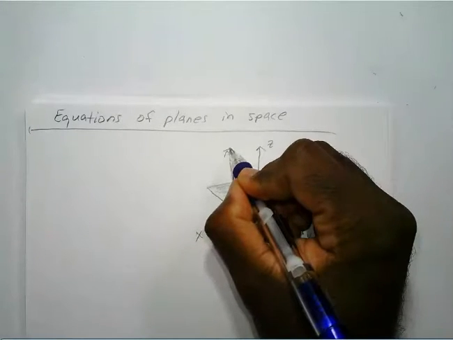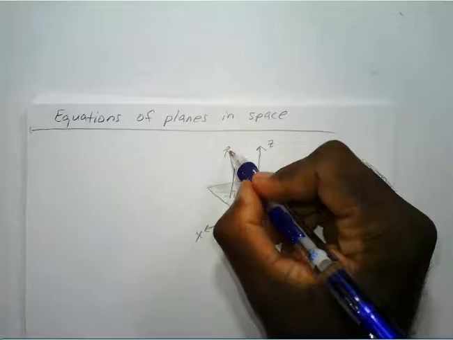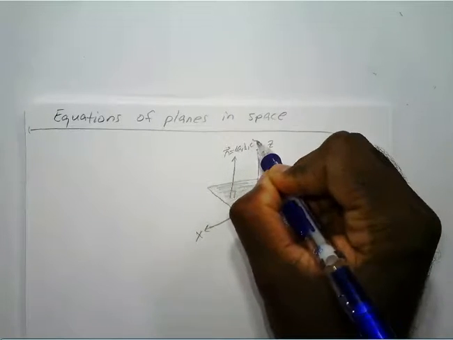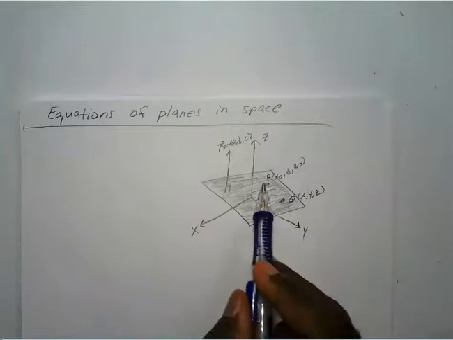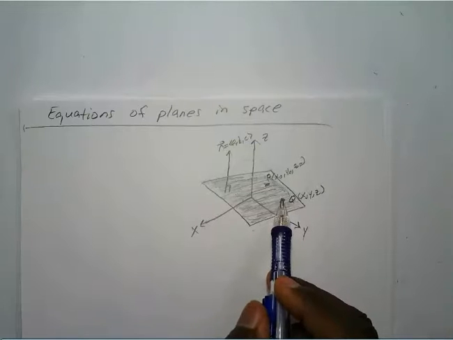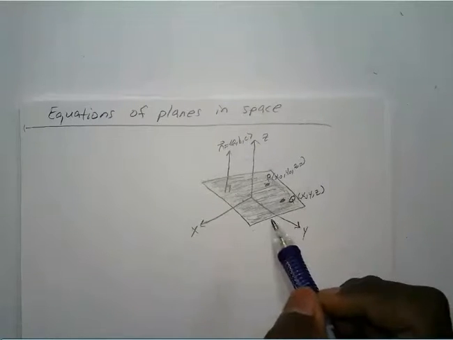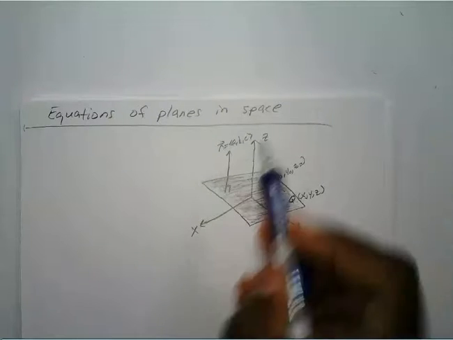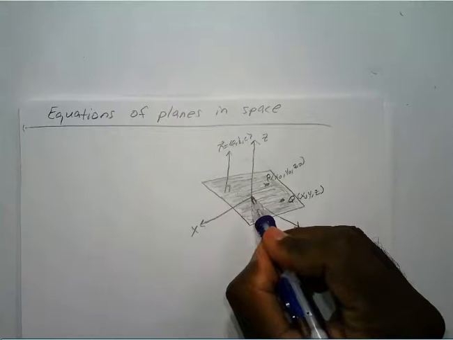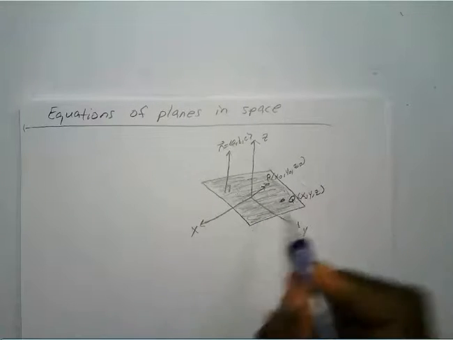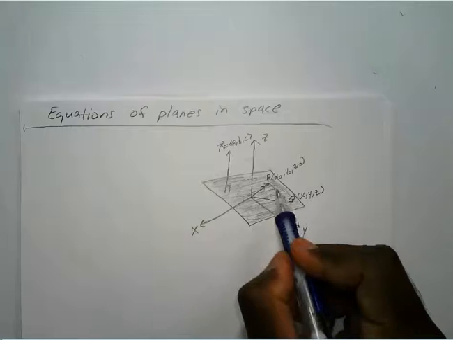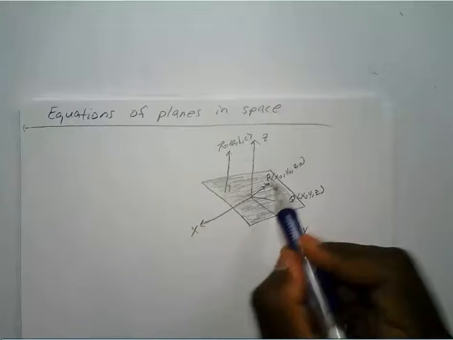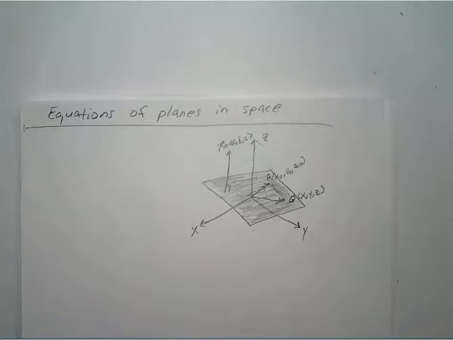And we'll call that vector n, and n will equal a, b, c. Now, by these two points being on the same plane, the vector between them is always orthogonal to this vector. As long as these two points are on the plane, it will always be orthogonal.